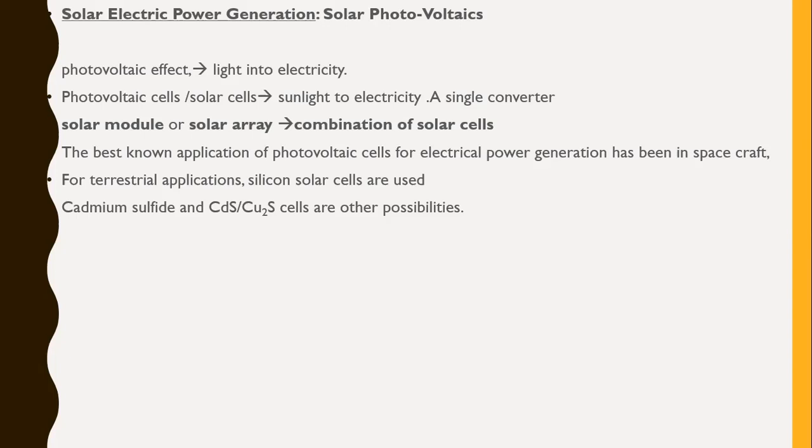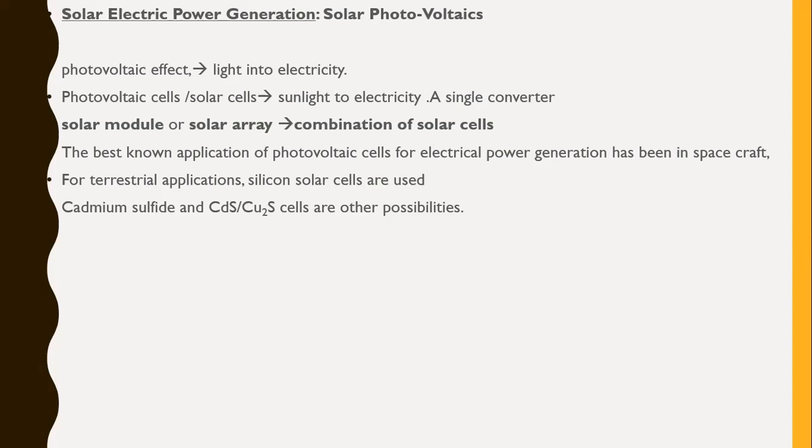These devices are efficient only on the order of 25%. Actual operating efficiencies are less than half this value, because efficiency decreases with increasing temperature. If you go beyond room temperature, the efficiency may decrease.